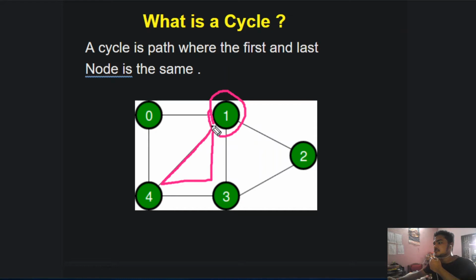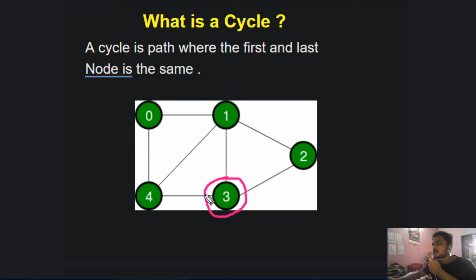Because the first node from which we start, we come to that node again by passing through some edges. So this makes it a cycle because it's closed. But if we take from 1 to 4, that's not a cycle, because it's not closed. So understand that if you start from one node, for example 3, and are able to come back to that node by going through some edges, we are forming a cycle.